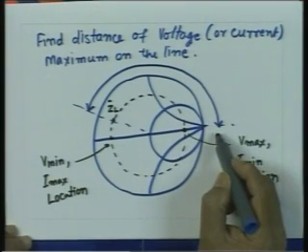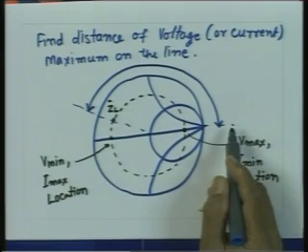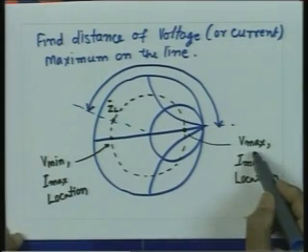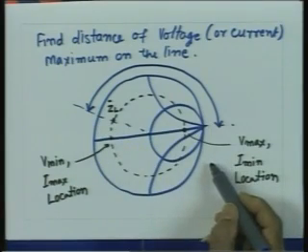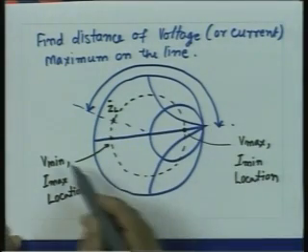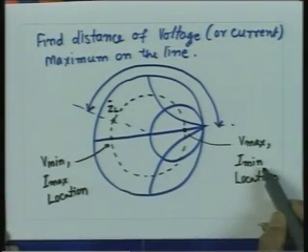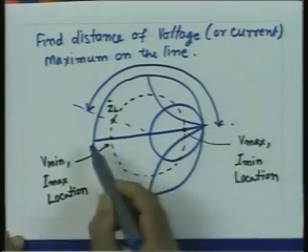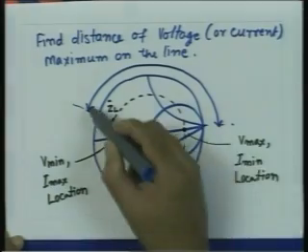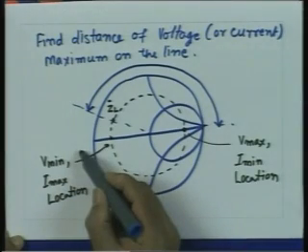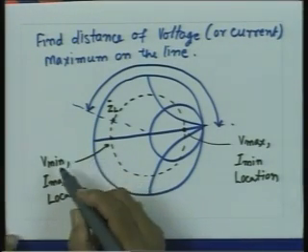Whatever angle I get, if I divide it by 2 beta, I will get the distance of the voltage maximum from the load point. I can use our understanding that voltage minima and voltage maxima are separated by a distance of lambda by 4. So, I can add a distance of lambda by 4 to find the location of the voltage minimum once I know this distance, or I can measure this angle all the way up to here, divided by 2 beta, to find the location of the voltage maximum.